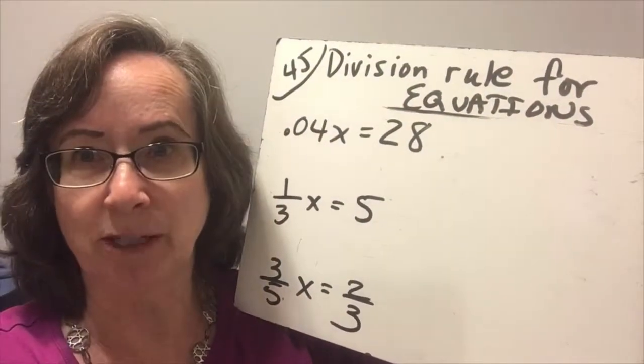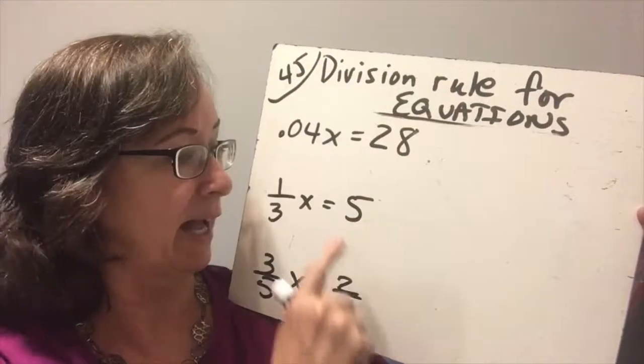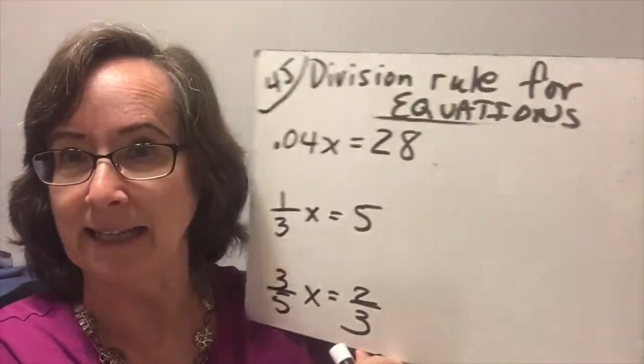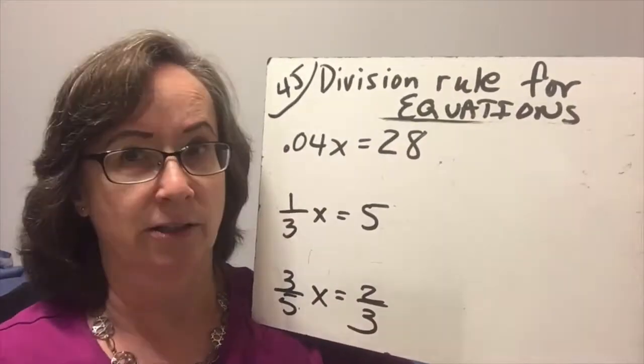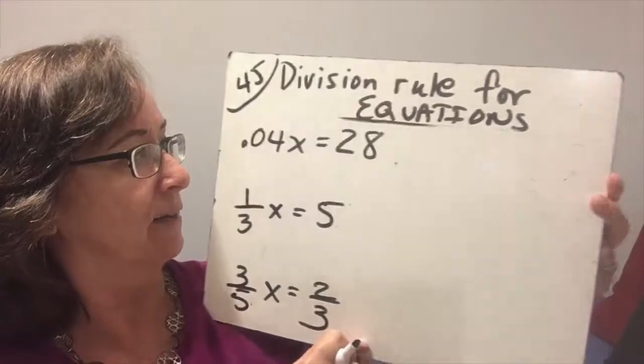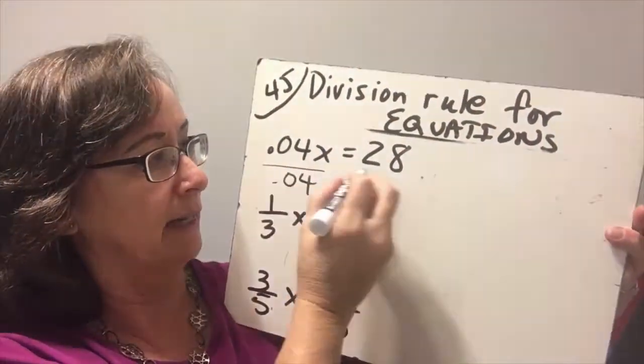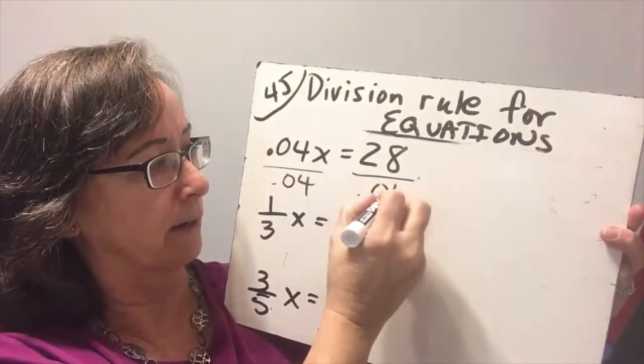So I'm going to treat it all as one property, and this one we will divide, and these two, because it's easier, we're going to multiply. So pause your video.